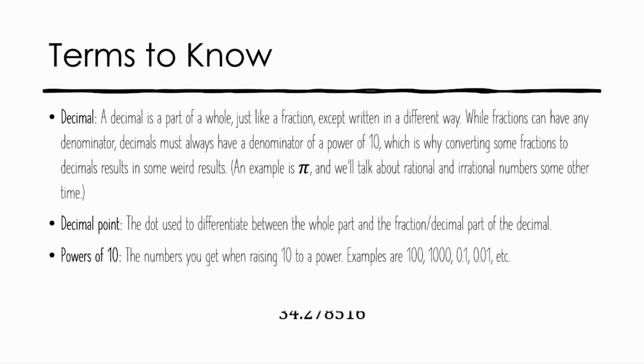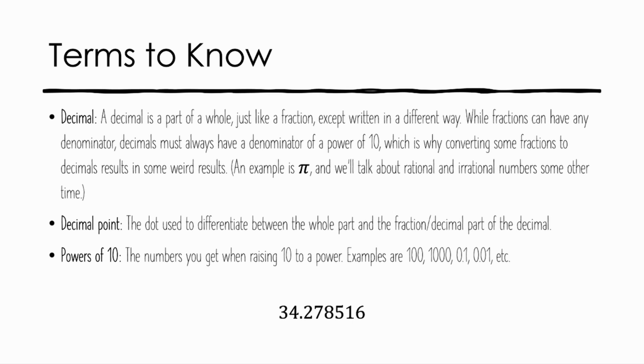Alright, let's take this real number, 34.278516. Notice how I have not said it as 34 million 278 thousand 516. This is because the decimals are not a whole number, so they aren't supposed to be said that way.